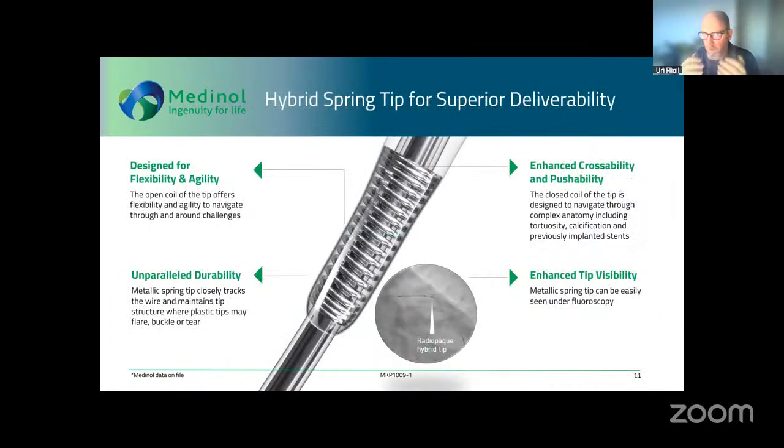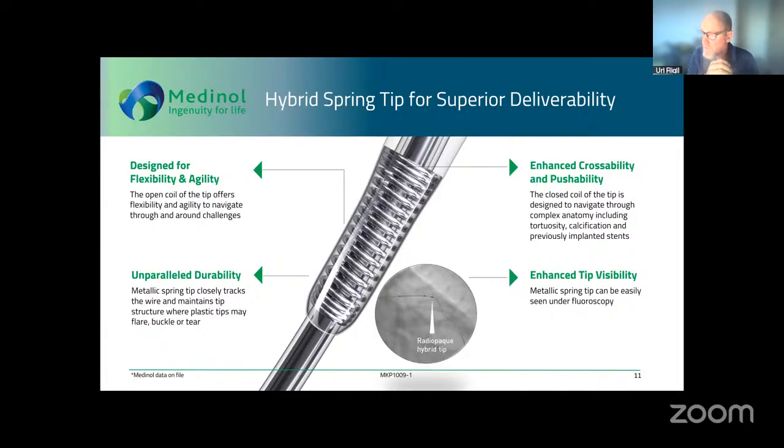So our spring metal tip actually has these four components. It has unparalleled durability because it's made from metal. Second, it has a design for flexibility and agility. Even though it's made out of metal, when compared to other nylon tips and pushed one against the other, surprisingly it's much more flexible than most of the tips in the market.